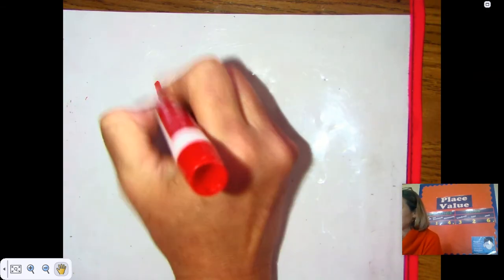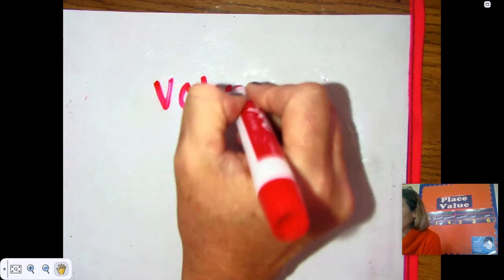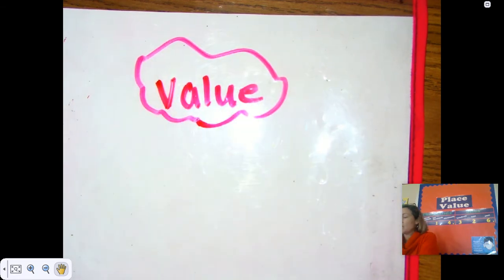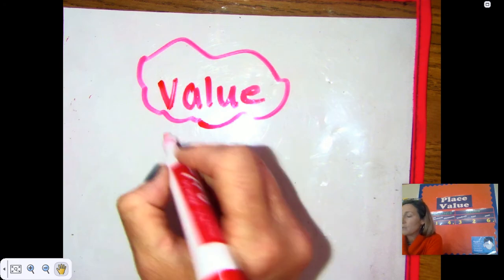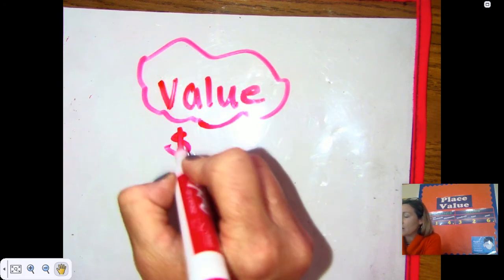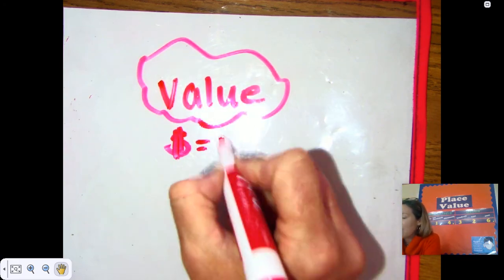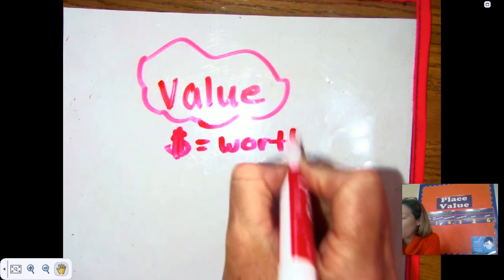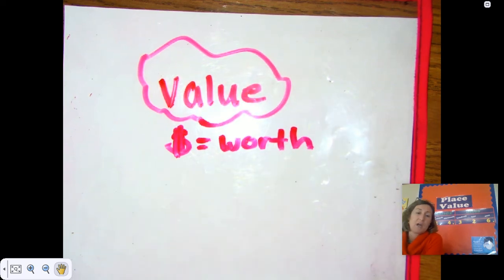The next word we're going to work on is value, okay? And when I talk about value, I want us to remember about money. How much is something worth? You say, what is the value of that computer game?